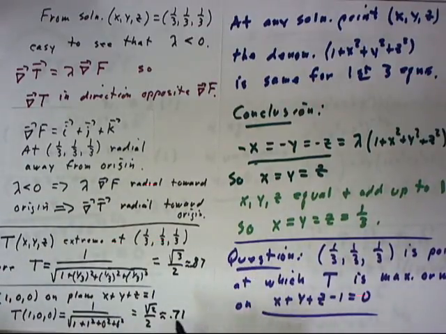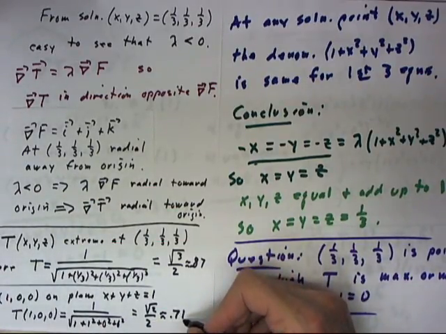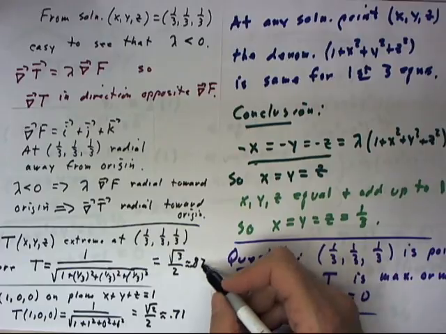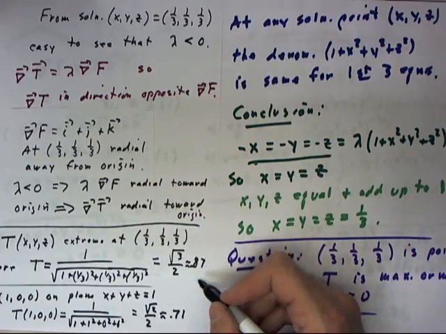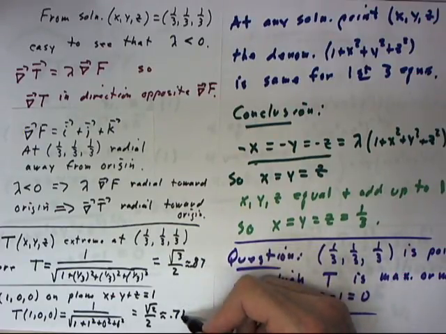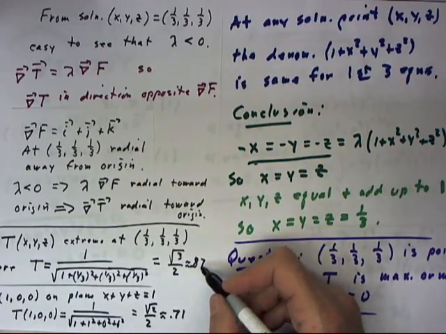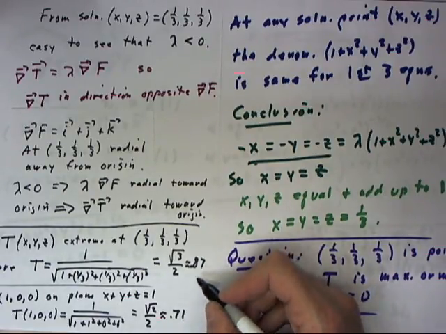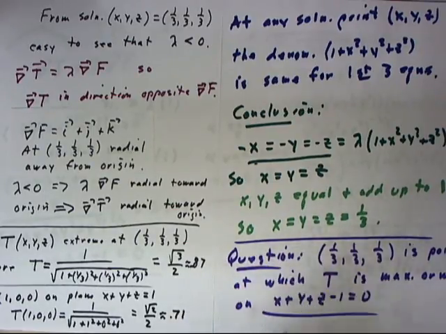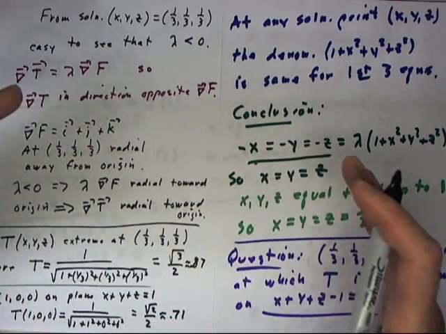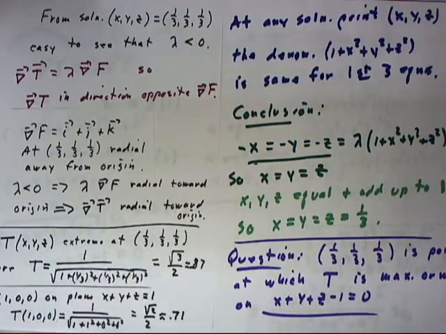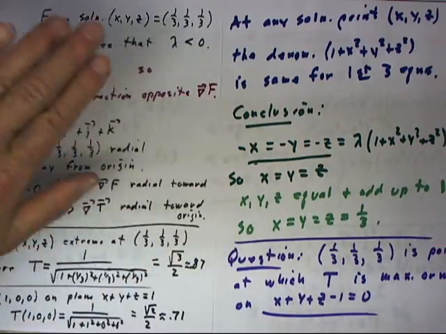There's only one extreme point, so the temperature at the extreme point is therefore a maximum. It's greater than the temperature at some other point. The temperature always goes in the same direction when you go away from this point. Since it's going down between here and here, it's going down everywhere as you move away from the point 1/3, 1/3, 1/3 on the plane.